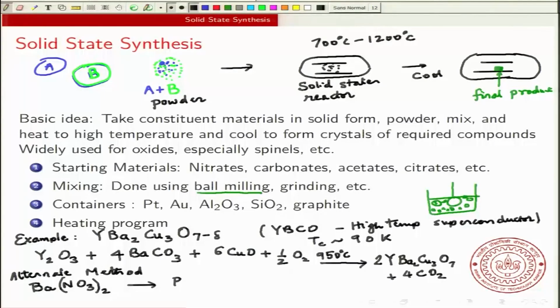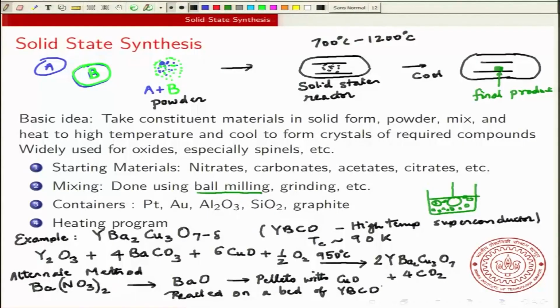And what is done is barium nitrate is converted to barium oxide, which is made into pellets with CuO, and then this is reacted on a bed of already prepared YBCO.